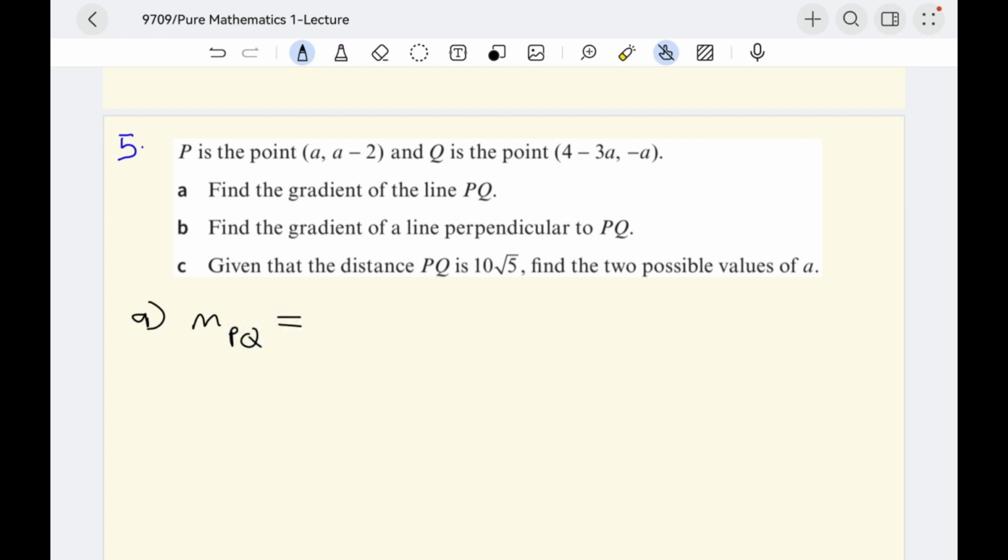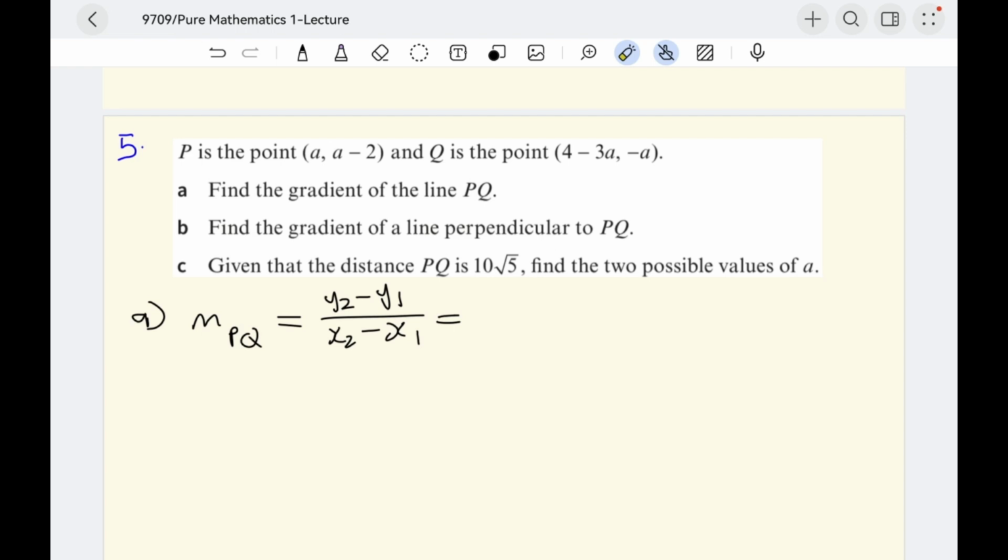It is just y2 minus y1 over x2 minus x1, where x1, y1 is the first coordinate and x2, y2 is your second coordinate. So just apply the gradient formula.